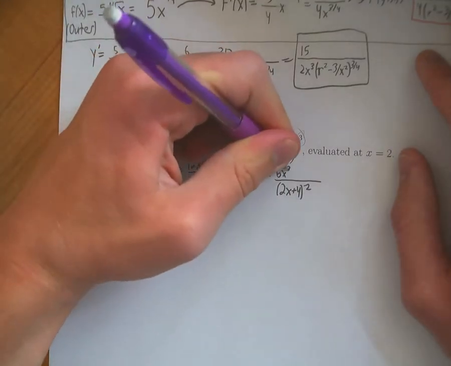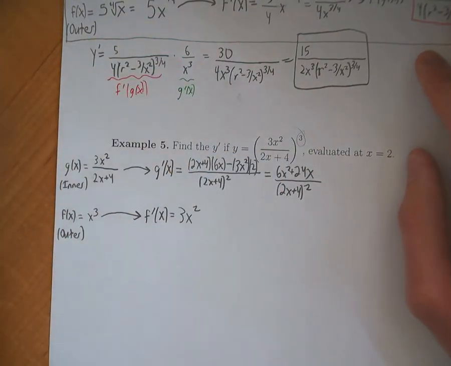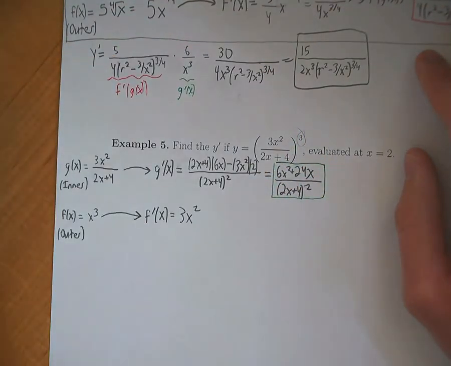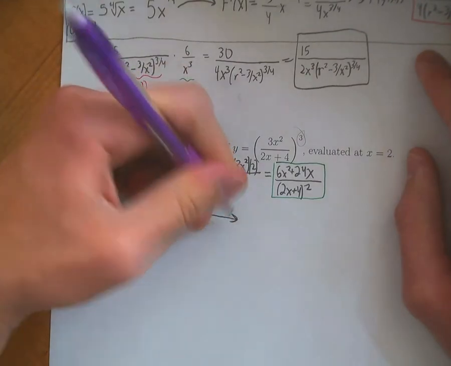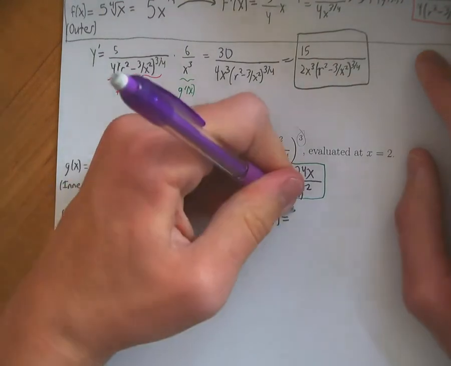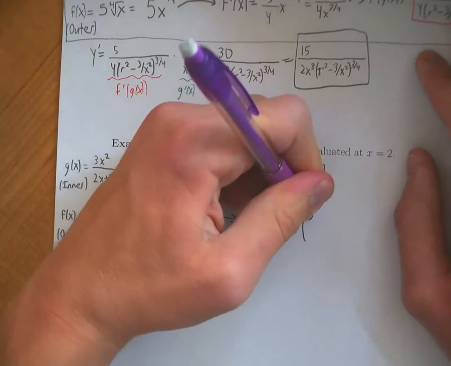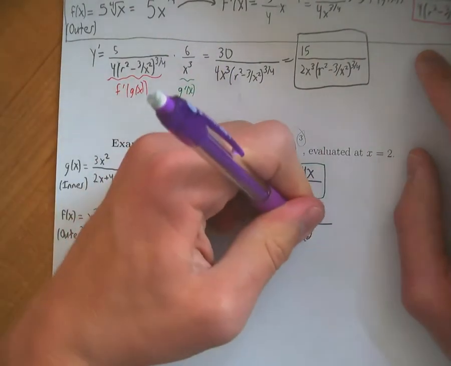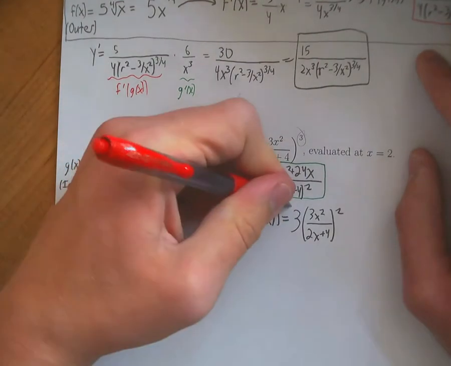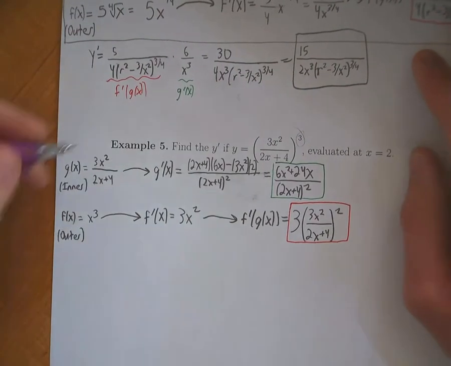Yep, 6x squared plus 24x. So that will give you your g prime. And then f prime of g of x is just 3 times what? Just replace x with g of x to get 3x squared over 2x plus 4 quantity squared. So that would be your f prime of g of x.